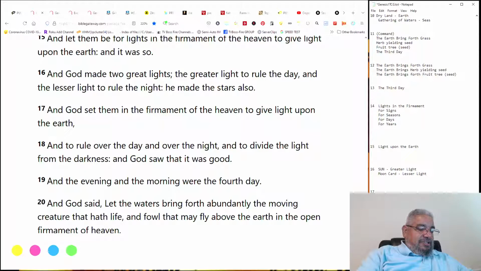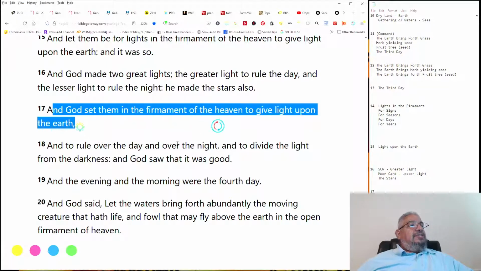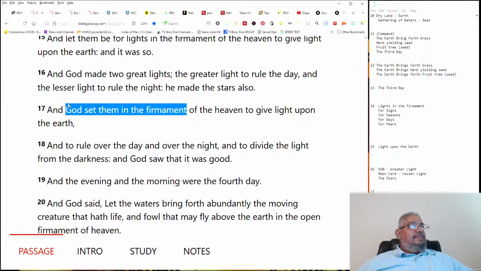Okay, then we put the stars here for 16. All right, 17. And 17 is interesting. 17 says, and God set them in the firmament of the heaven to give light upon the earth. So in this instance, I'm going to go with, and God set them in the firmament. God set them.